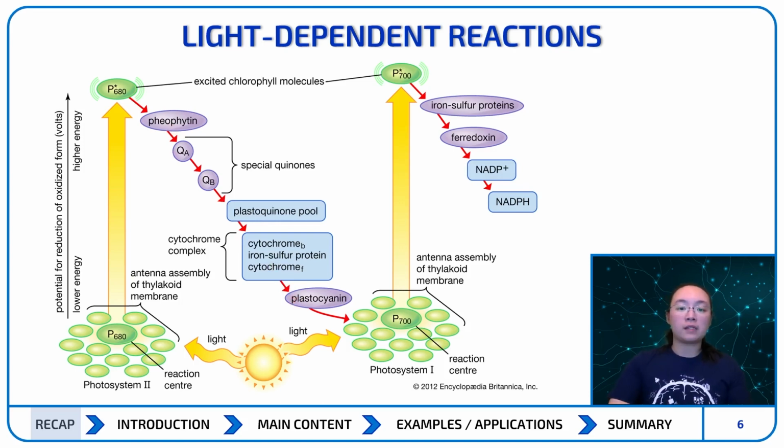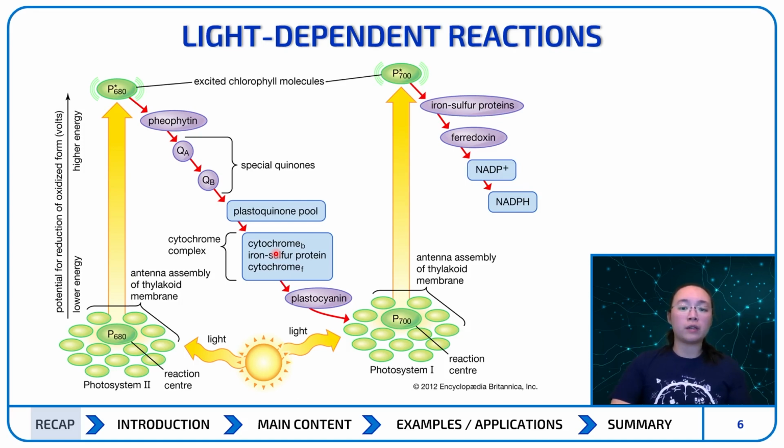Next, you have ATP synthesis happening over here. So electrons from step 1 are going to travel down the electron transport chain, where the released energy drives a proton gradient. Basically, you have H plus from the stroma to the thylakoid interior.